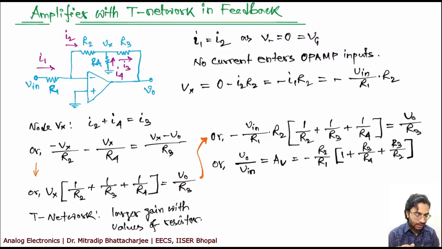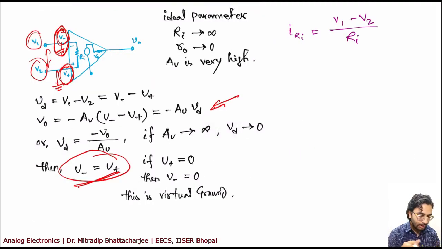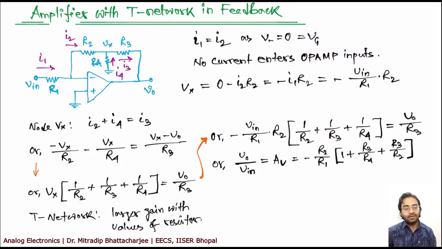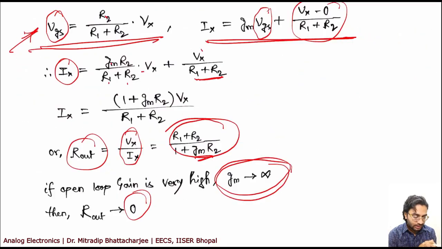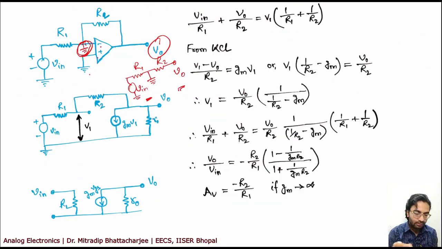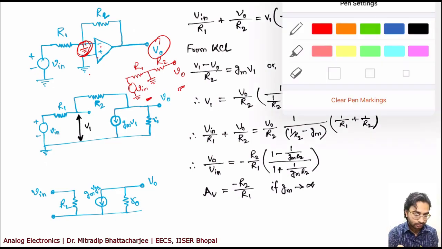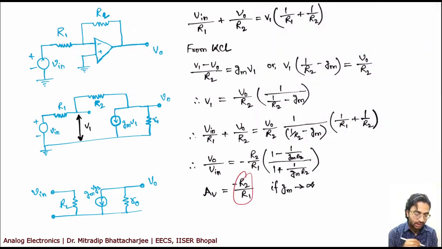Now after that, let us see the amplifier with T network. Now before I go to explain this T network thing, if you see this gain for non-inverting case, it is R2 by R1. What does that mean?